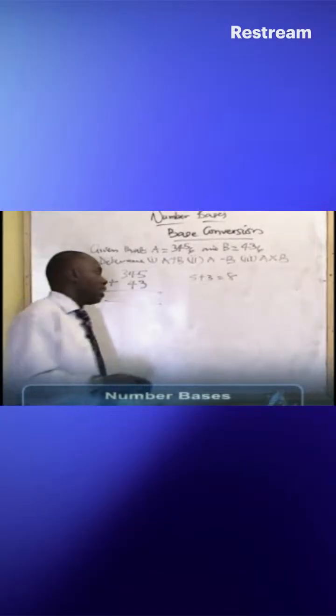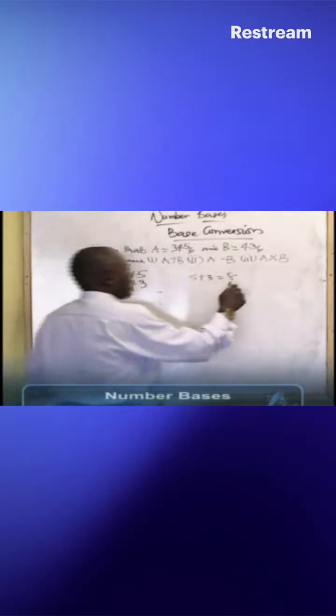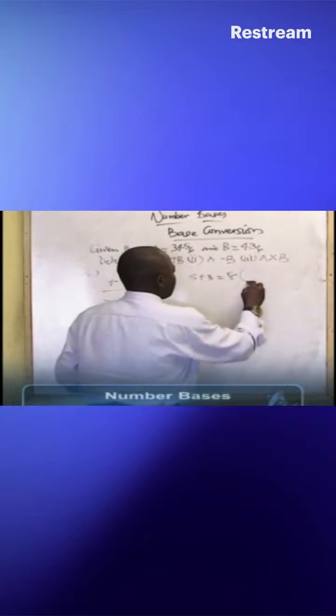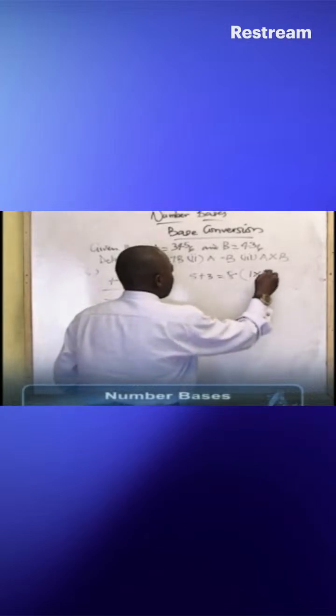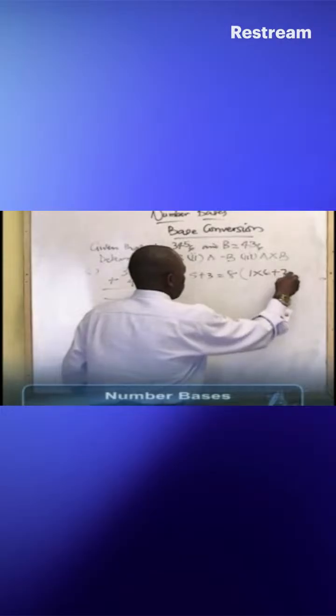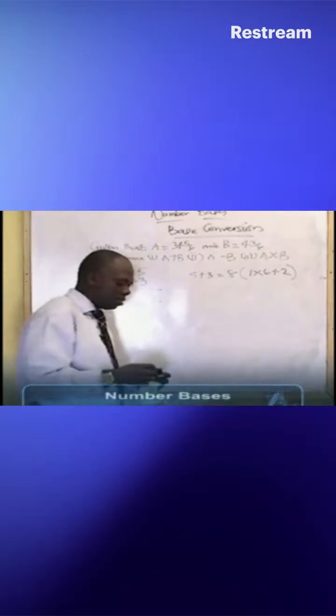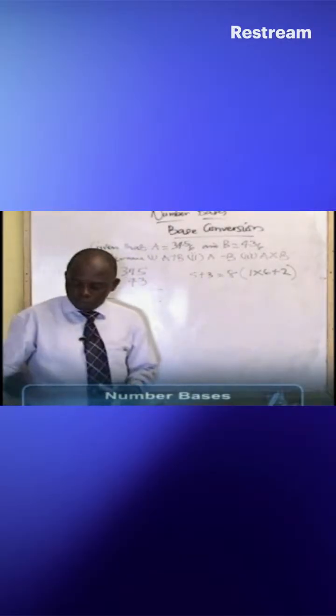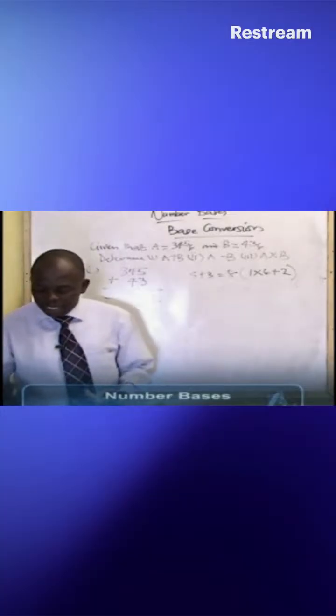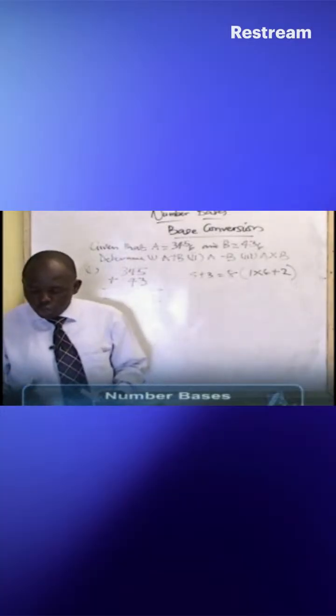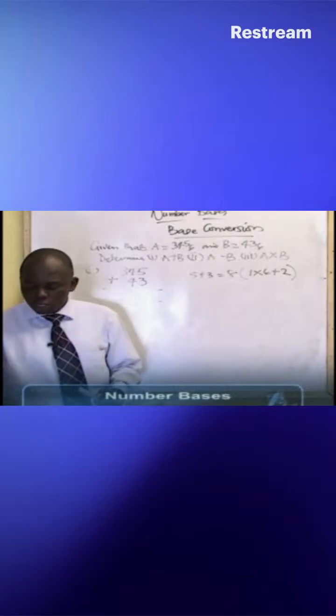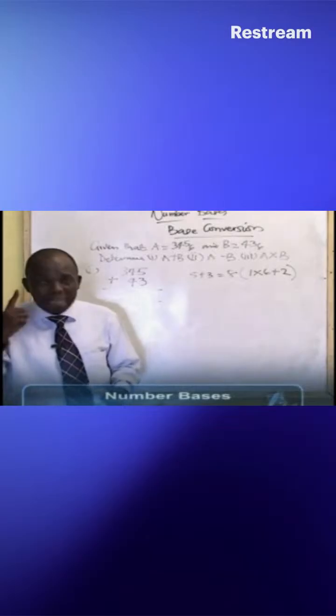And then 8 will be the same thing as 1 times 6 plus 2. And that will help us to know what we're going to write. You will always write the remainder.